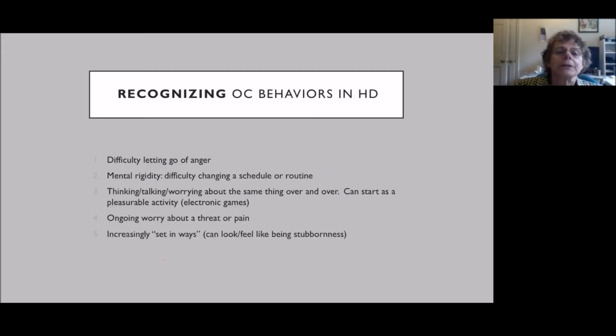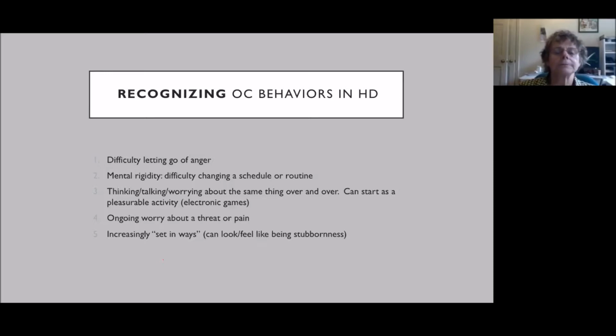It's important now to move to the second part of our goal here, recognizing OC behaviors in Huntington's. Well, what are they? One of the earliest ones is difficulty letting go of anger. It takes longer to cool down, to get over whatever the conflict was about.